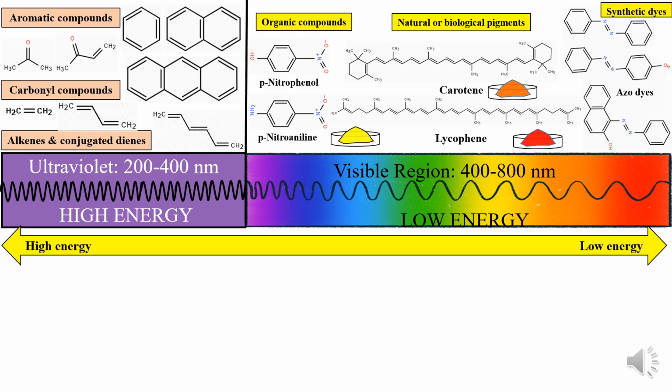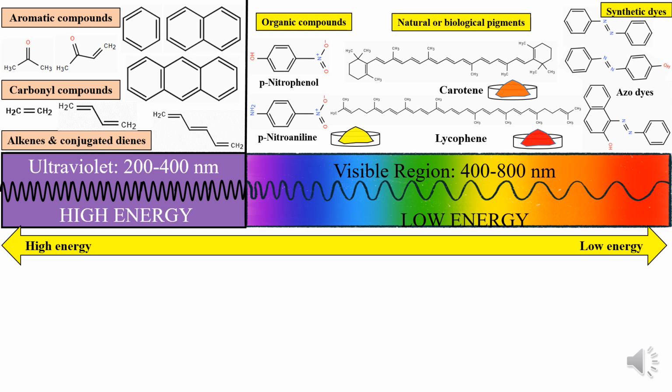Now the synthetic dyes absorb in the low energy visible region, and very little energy is required to bring about excitation of electrons in these synthetic dyes, because the common chromophore present in synthetic dyes is the azo group. Now the azo group contains two nitrogen atoms, and a pi bond connecting these two nitrogen atoms, and each nitrogen atom has a lone pair of electrons.